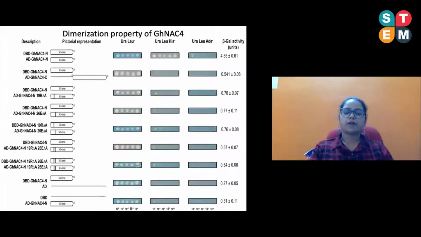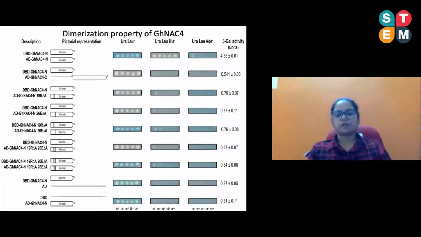So when we perform this, we see that the N-terminal domain was able to homodimerize, while the C-terminal domain was not able to, and any point mutation to disrupt the salt bridges led to the abolition of the homodimerization.